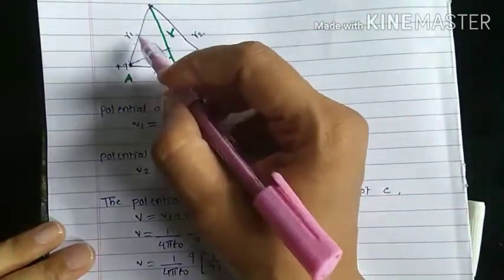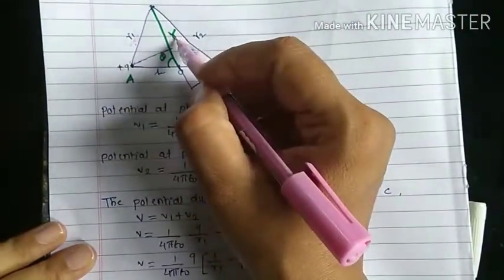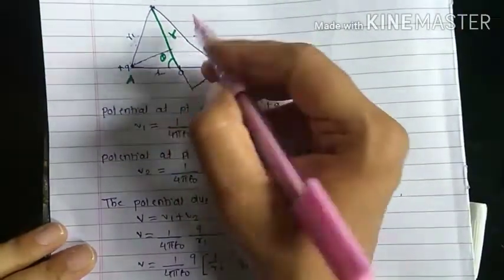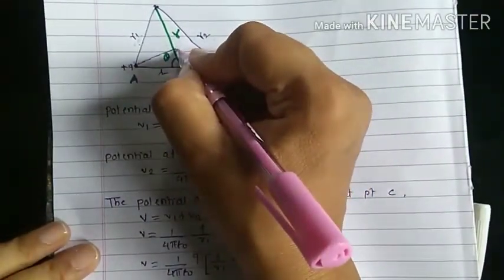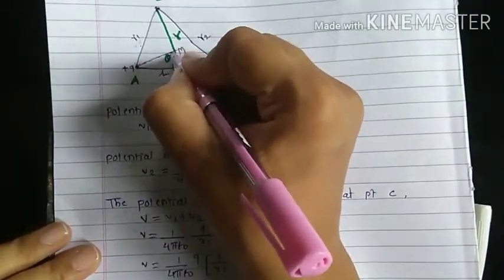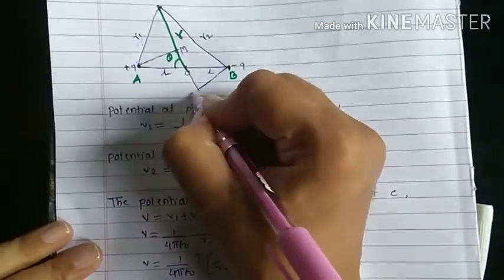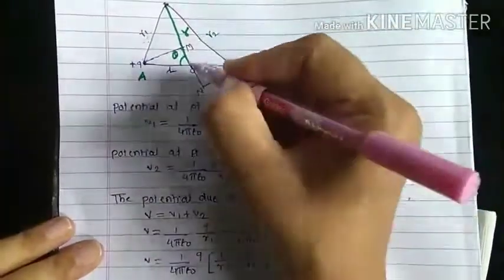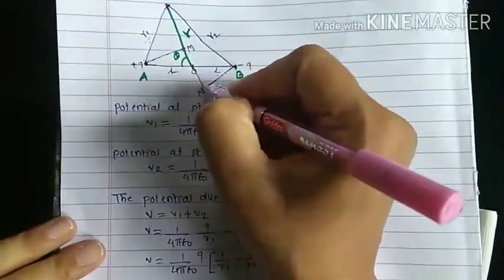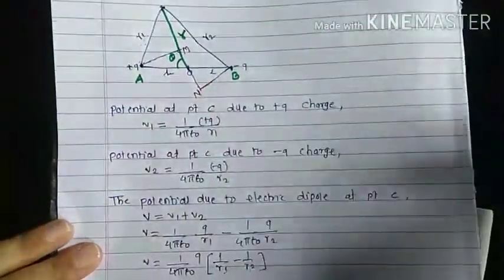Means we have to convert this R1 in terms of r, theta and L. Therefore, here is a perpendicular. Let me call this point M, and this point N. The OM distance becomes the same.